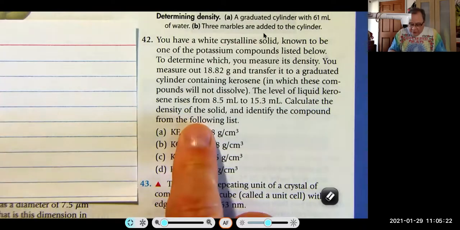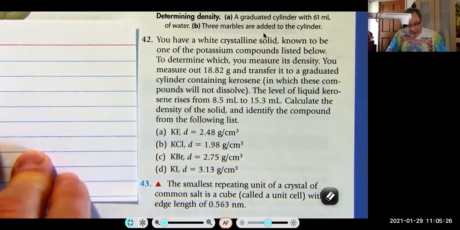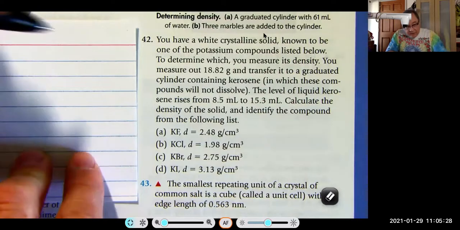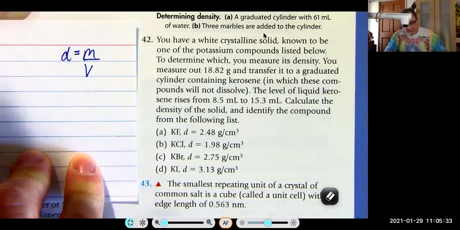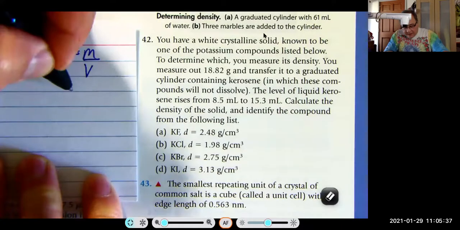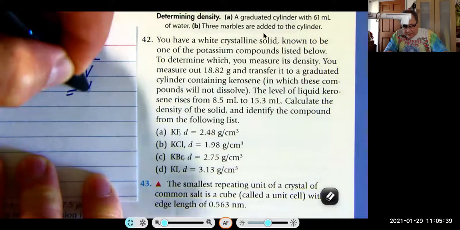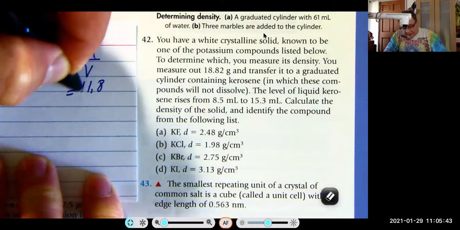And since we're using density to decide what the substance is, I'm going to write density is mass divided by volume. And then just to save space, I would write 18.82 grams. Let's see if I can fix this.